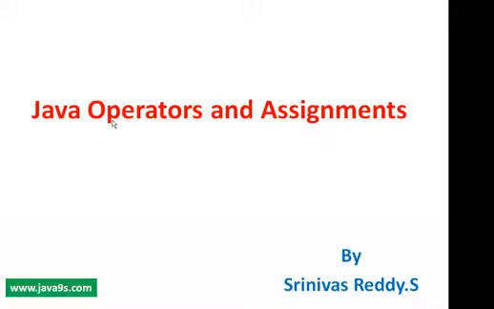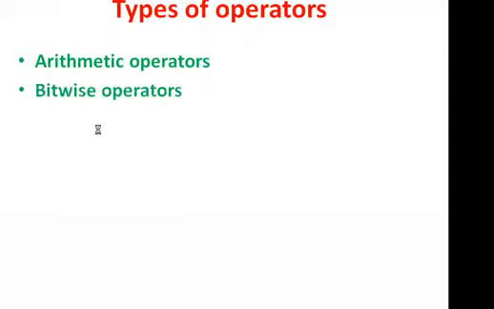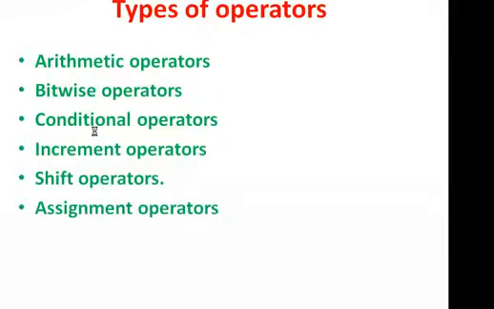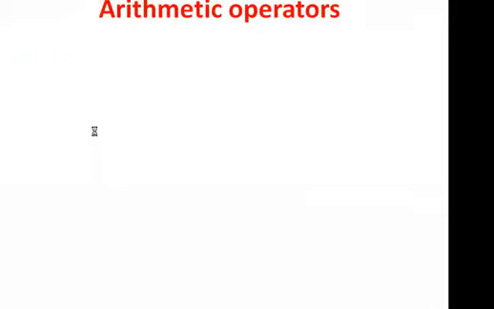In this session, I'm going to teach you about Java operators and assignment operators. There are different types of operators. There are arithmetic operators, bitwise operators, conditional operators, increment operators, shift operators, assignment operators.